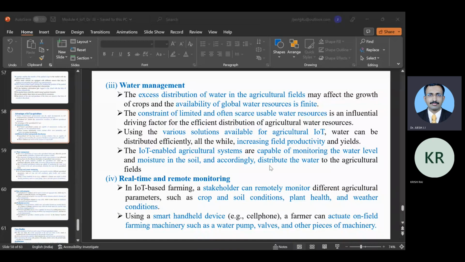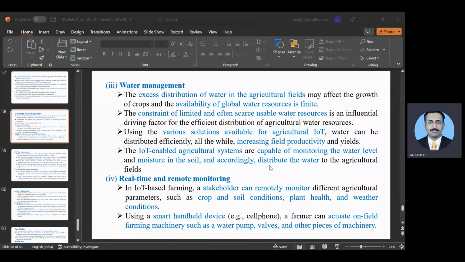The stakeholders, wherever they are, even if they are away from the farmland, can monitor and make sure whether the process is fine, whether there is any problem. Now, if you have a camera at your home, you can always monitor what is going on. That's what you can do.